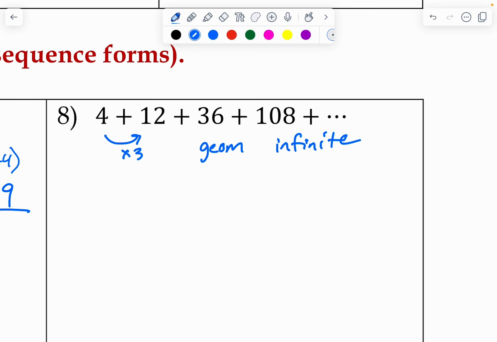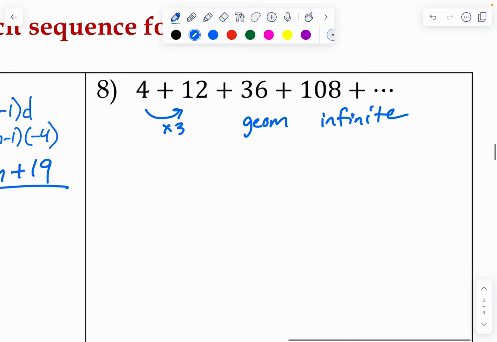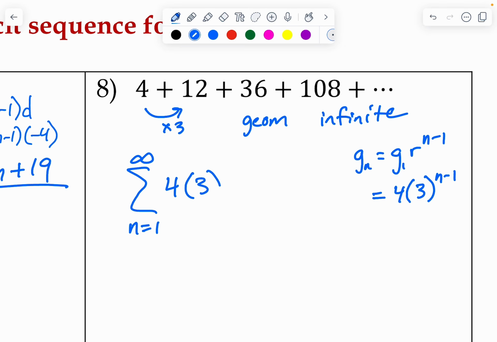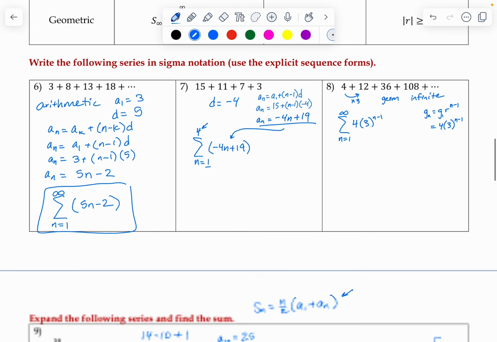And so what we will say here is that this is the sum as n goes from 1 to infinity, because it's infinite, it keeps going, of, well, if you remember the geometric g sub n is equal to g sub 1 times r to the n minus 1 is one way to do this. And our first term was 4. Our common ratio was 3. And this is a lovely way to write this. And there we go. That is the sigma notation for that particular problem.